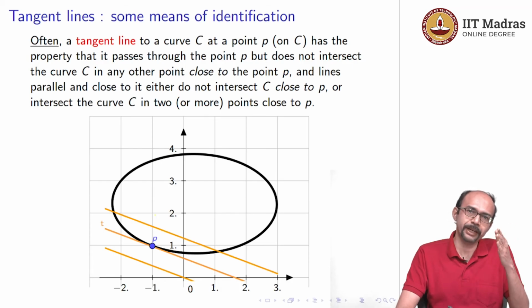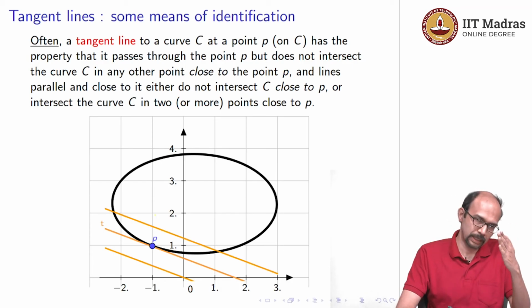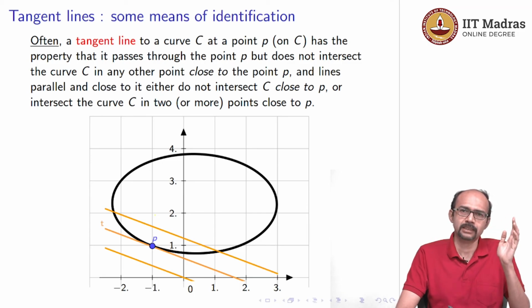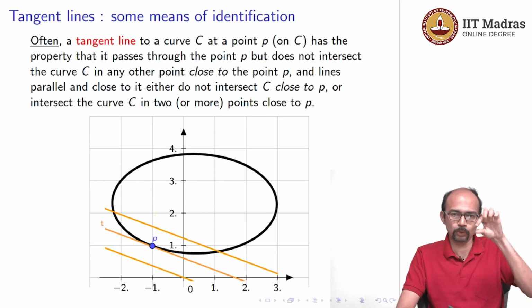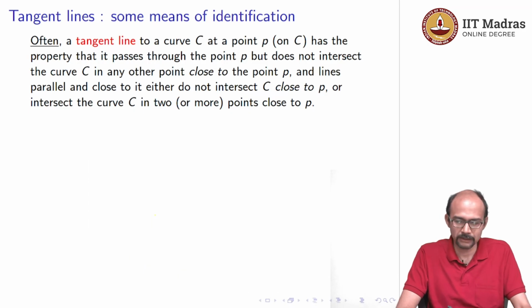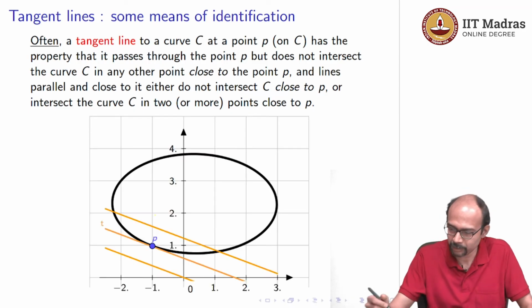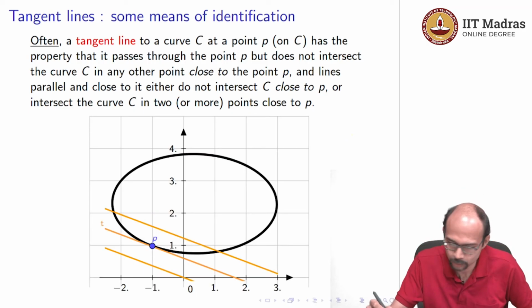If you take this point P, and you have your line T, and it is a tangent line. So, close to this point P, it does not intersect elsewhere, and it determines the direction in which it is moving. And if you move it a little bit by fixing that point, let me maybe draw something here.